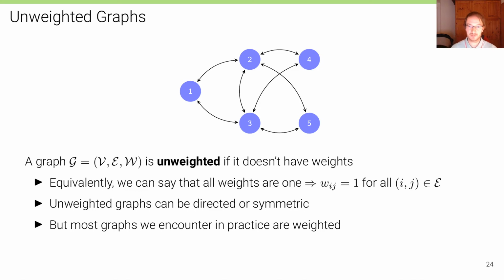This is part of the prior knowledge, as is the graph structure. So the more prior knowledge we can take into account in our computations, the better, hopefully, our predictions are. So we'll see symmetric or directed graphs, and most often they will have weights in practice.